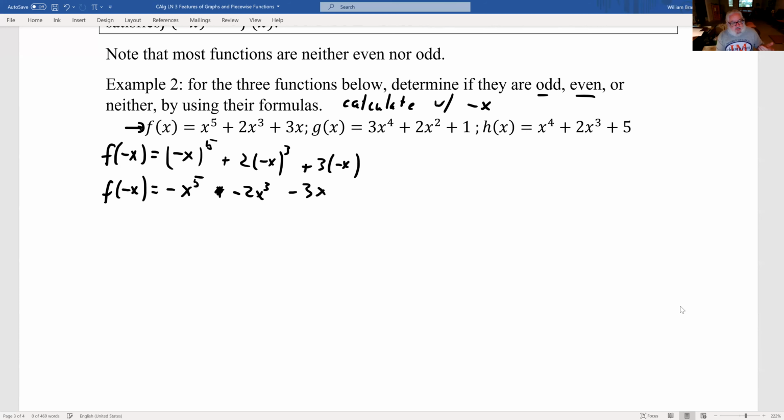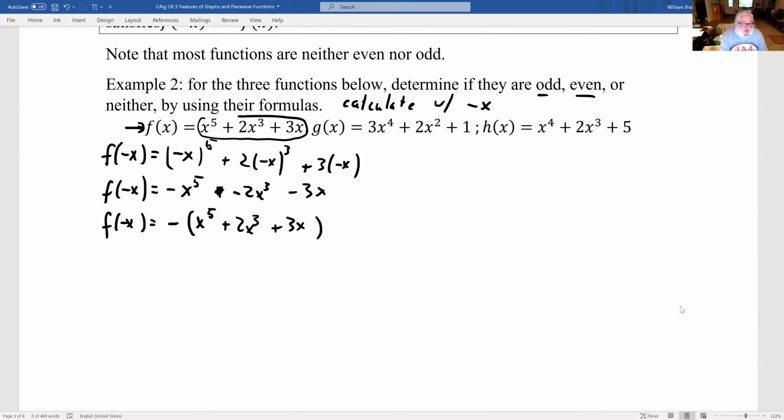And now what I've got is something that's common to all 3 terms in my function, f of minus x. I can factor out that minus sign. And I get this. And that's my formula for f of x.